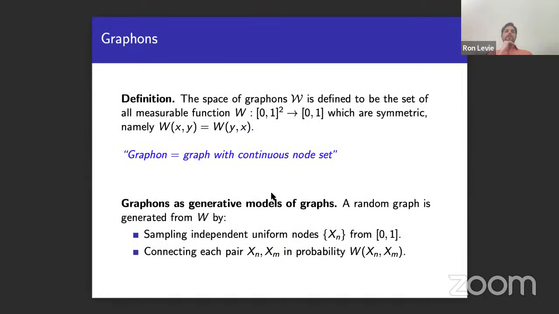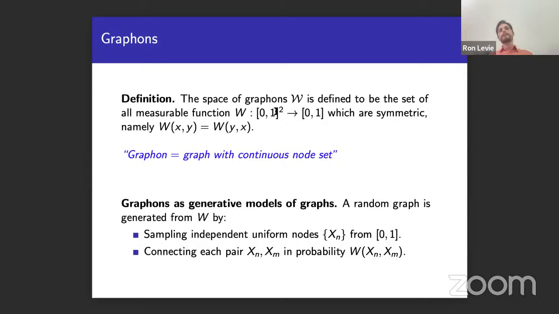Okay, so what is a graphon? As we said, this is a graph with a continuous node set. The node set is the interval 0 to 1. And a graphon is a measurable function from pairs of nodes to weights. The interpretation of W(x,y) is the edge weight between node x and node y. This is very general because graphon theory is a theory of measurable functions, not continuous functions.